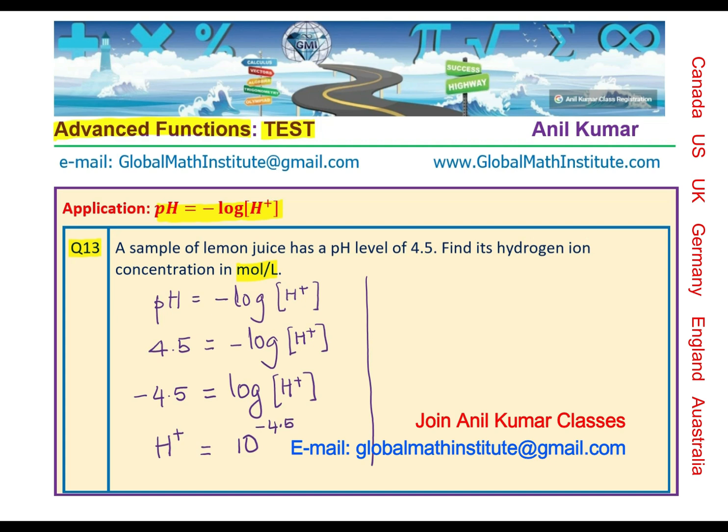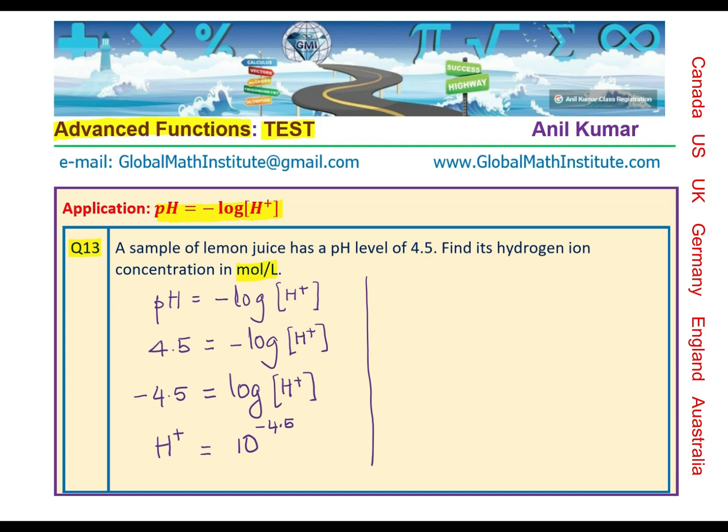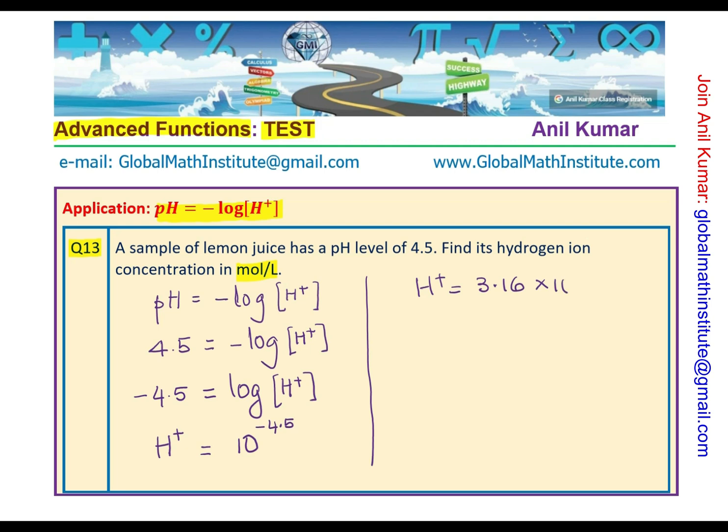So 10 exponent minus 4.5 gives us a value which is 3.1622. So I'll write 3.16 times 10 to the power of minus 5.